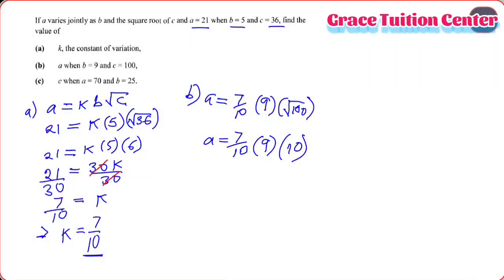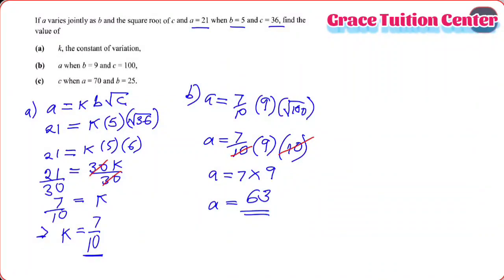So to make my work easy here, I will cancel out 10 into 10, 1, 10 into 10, 1. So this means that if this 10 divides out with that 10, my value of a is just 7 times what? 9. Meaning a equals, what is 7 times 9? 7 times 9 is 63.